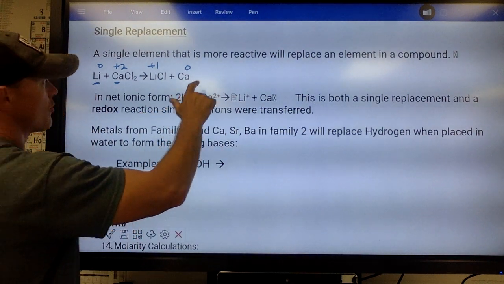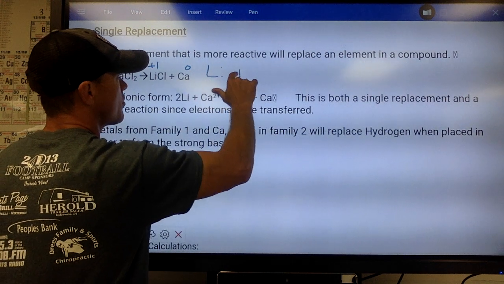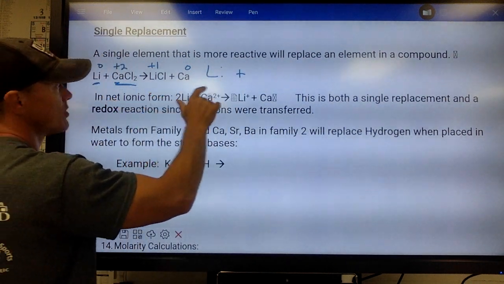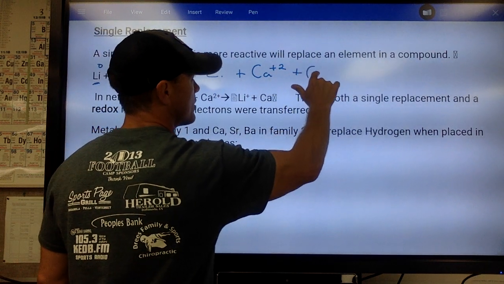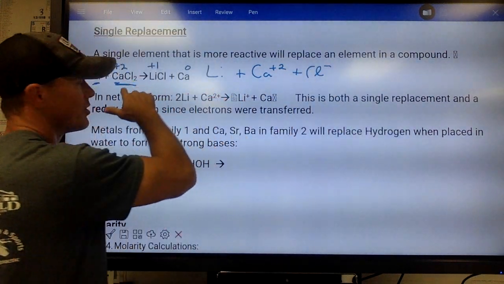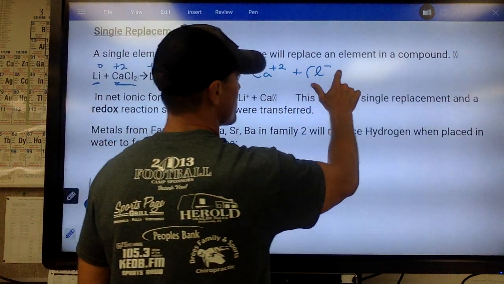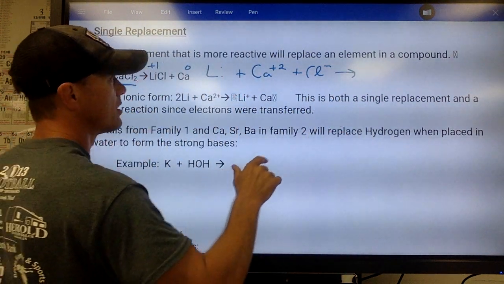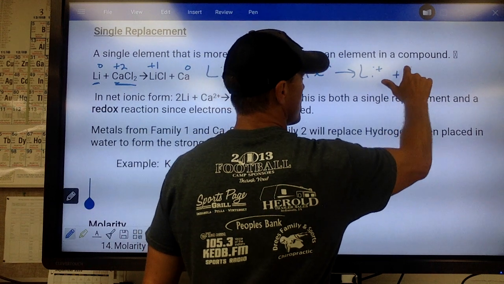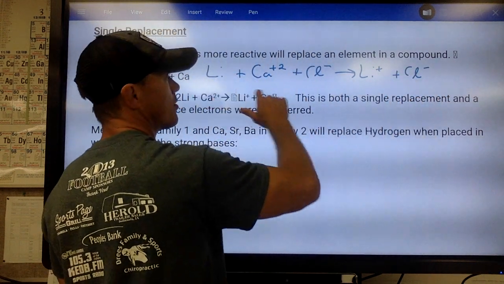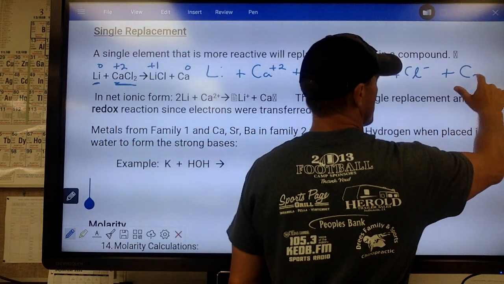So if we wrote this out, you have lithium plus, and this will split apart into ions. You'd have calcium ions plus chloride ions. Now there'd be 2 chloride ions, but we won't have to worry about that quite yet. This forms lithium chloride, which is soluble, so it splits: lithium plus chloride ions plus some solid calcium.